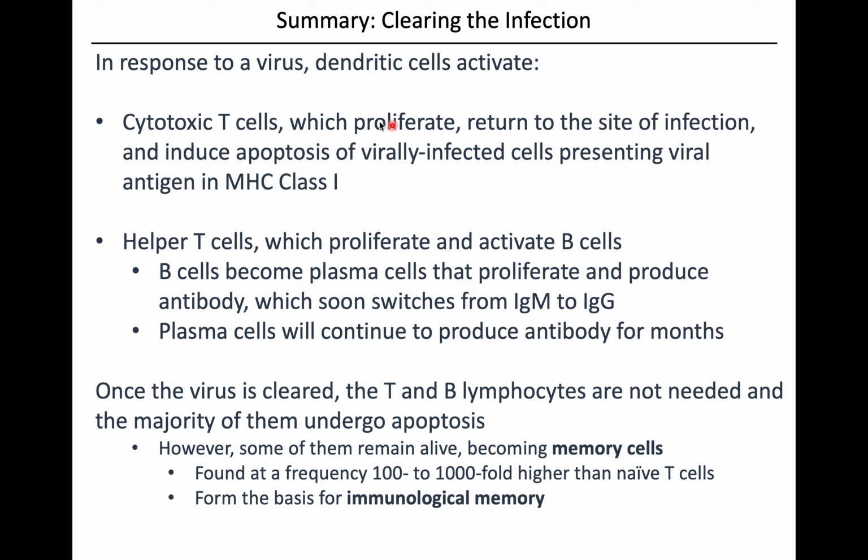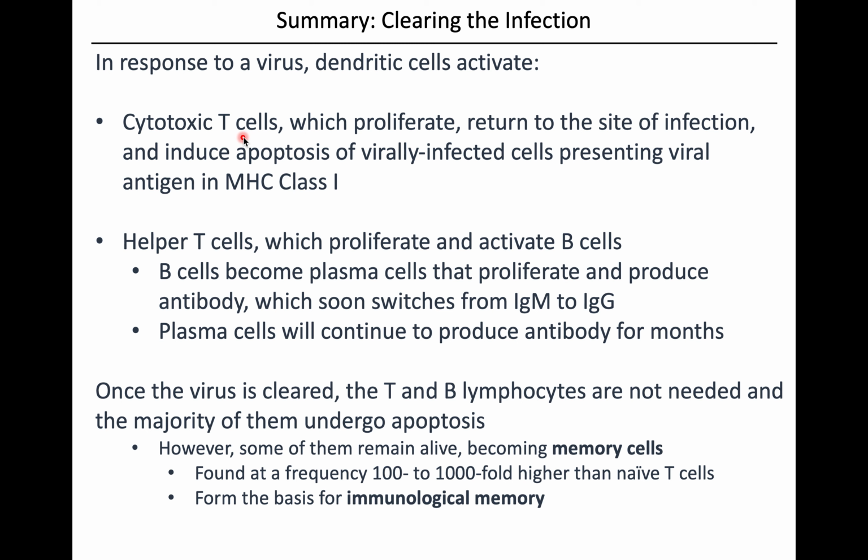Now, we were just talking about dendritic cells, so just to summarize this whole process one more time. Dendritic cells see that antigen, they can activate the cytotoxic T cells in the lymph node, which proliferate, go to the site of infection, and then kill via apoptosis infected cells that are presenting the same viral antigen on that MHC class 1.